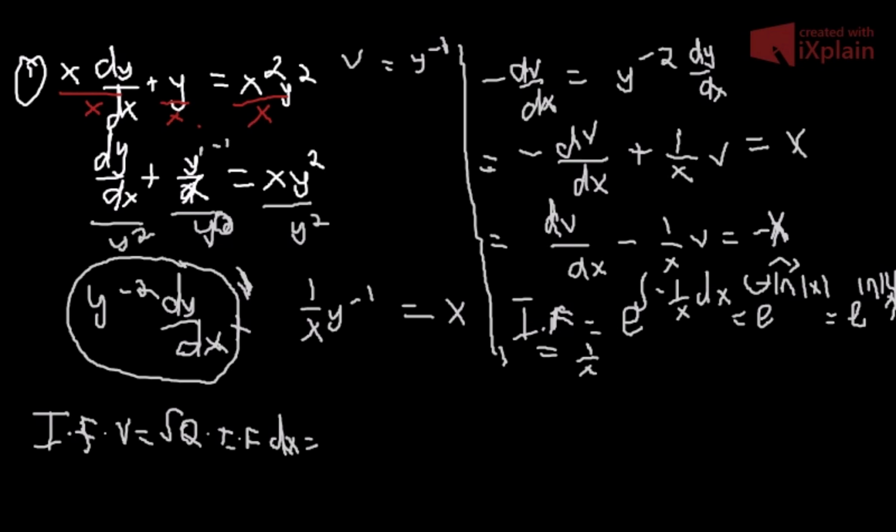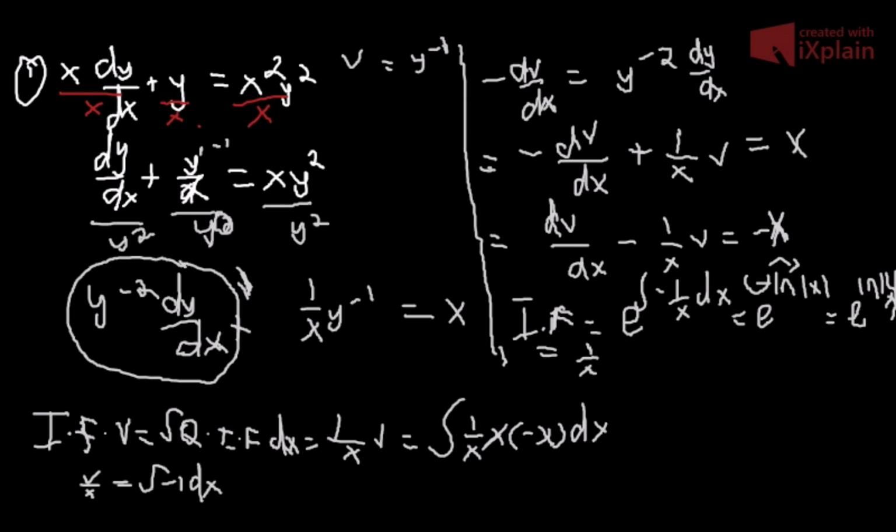The integrating factor is 1 over x, and our Q is negative x. So v over x equals the integral of negative 1 dx. Then the answer will be v over x equals negative x plus c.